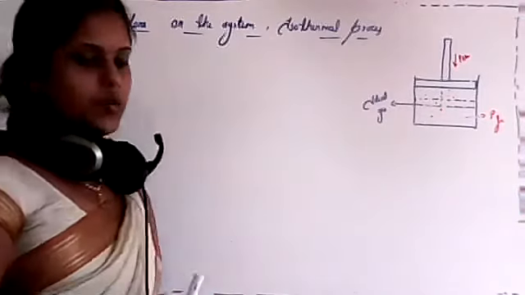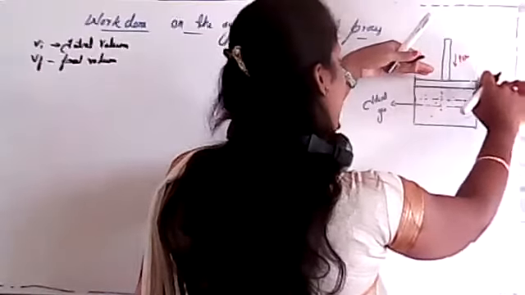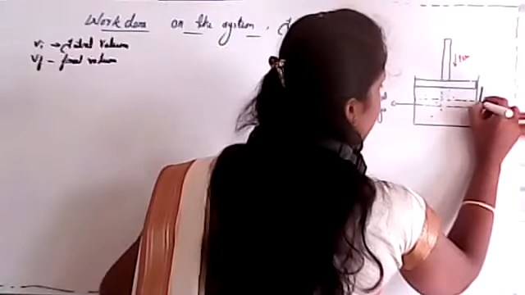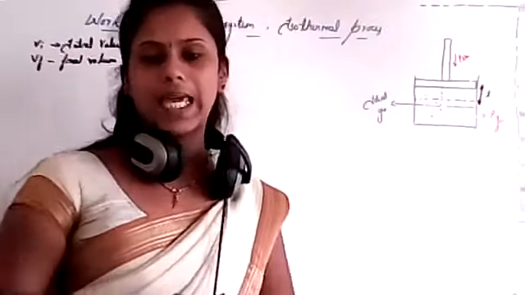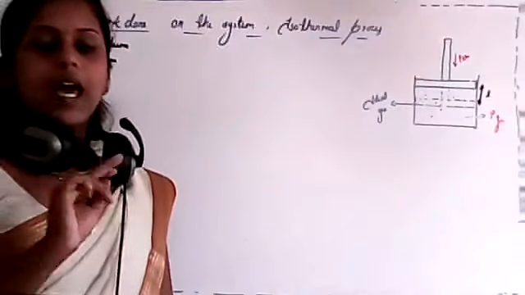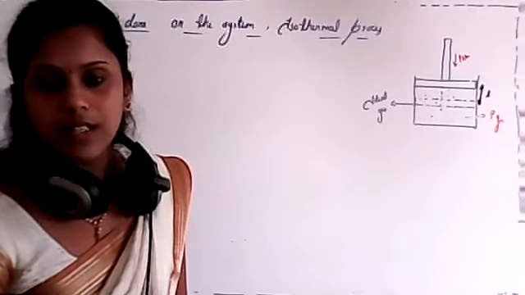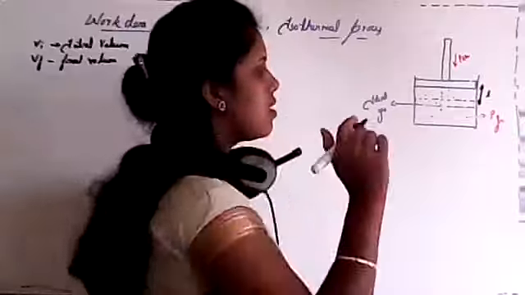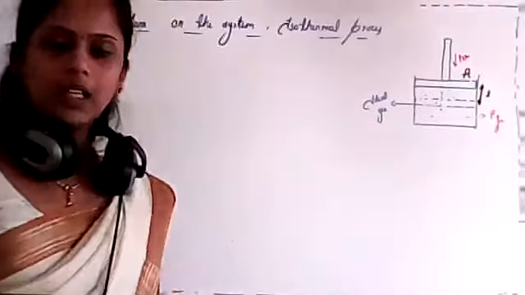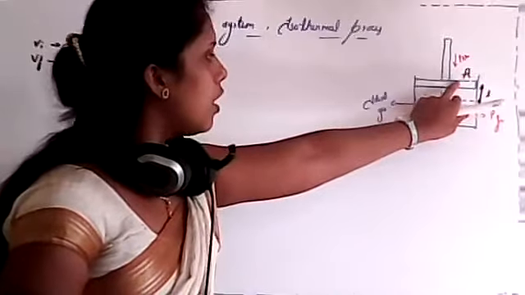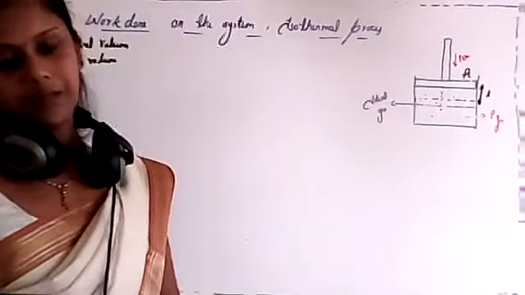So now, when the piston moves from level 1 to level 2, the distance moved by the piston, I'll consider as L. And the cross-sectional area of that piston, I'll consider as A. A is the cross-sectional area of the piston and L is the distance moved by that piston.